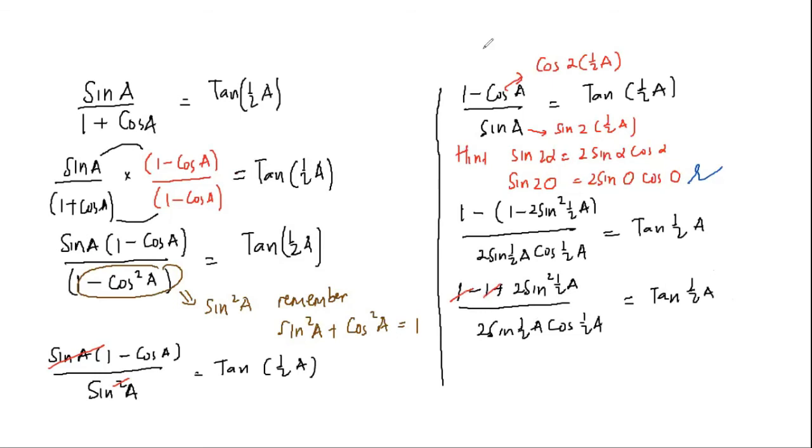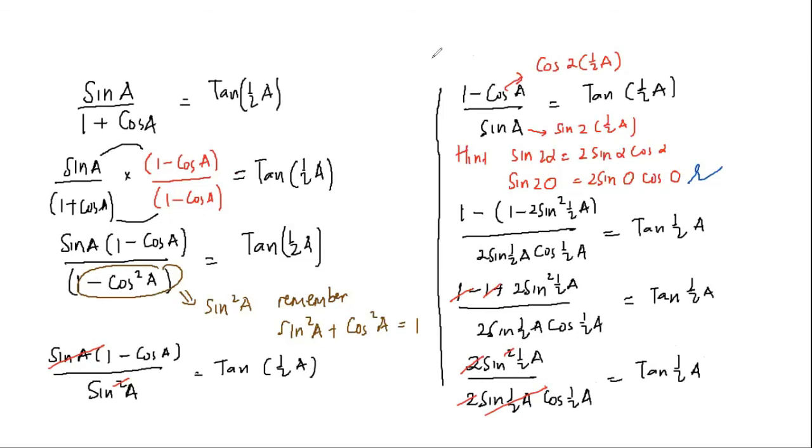Yes, sir. Okay, now we have 2 sine square a half A over 2 sine a half A cosine a half A equal tangent a half A. Now we are going to cancel this one. Cancel, cancel. You get it?